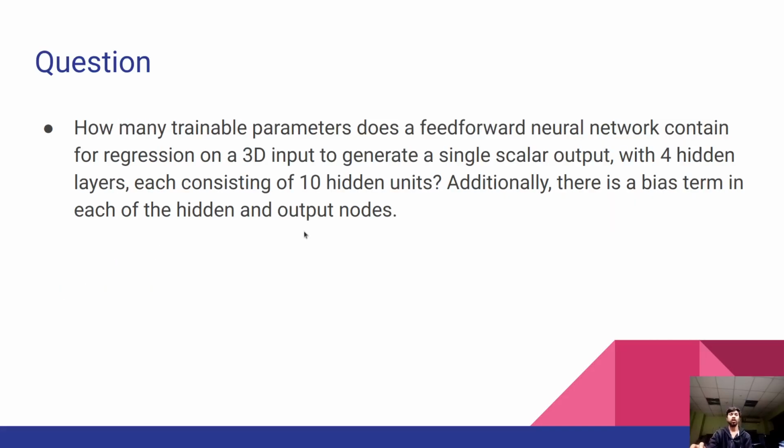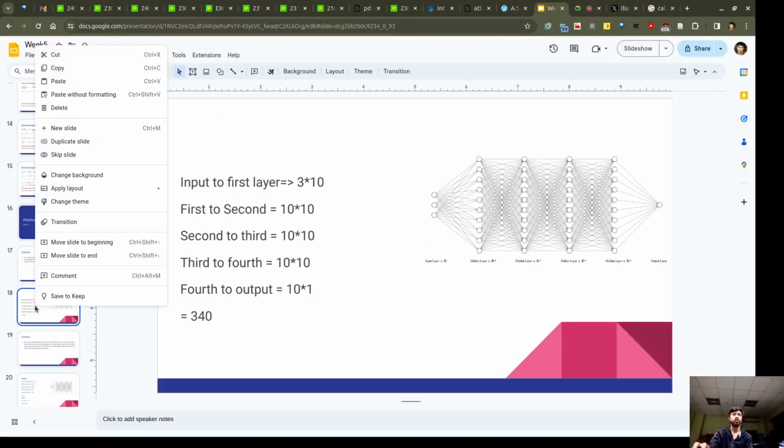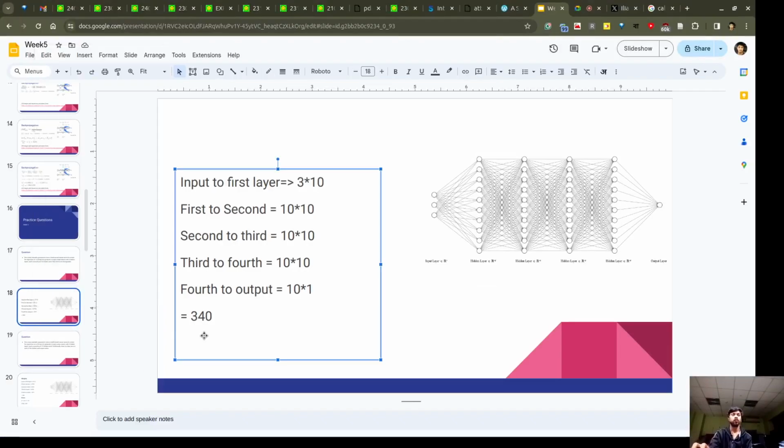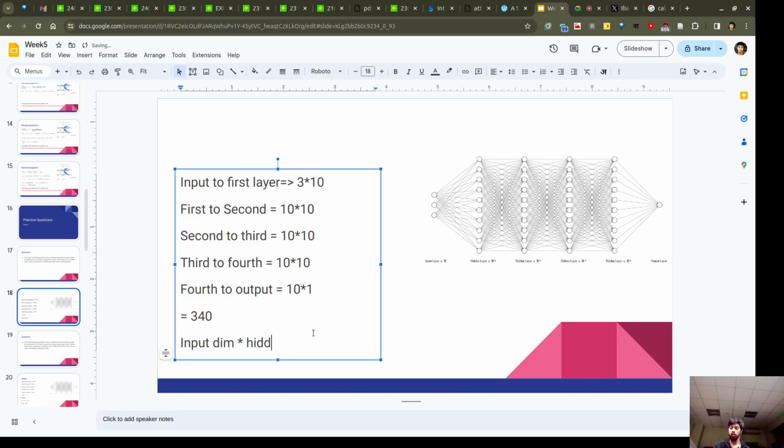So I'll write here: input dimension into hidden dimension, plus, so how many hidden layers are there? 4, right?